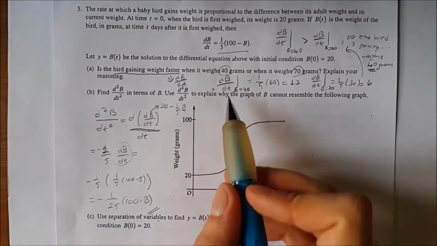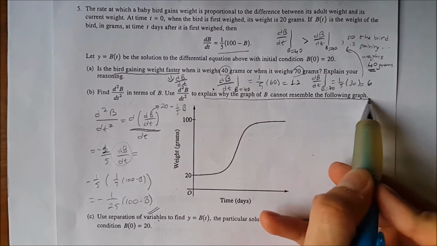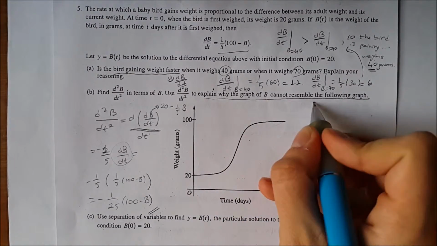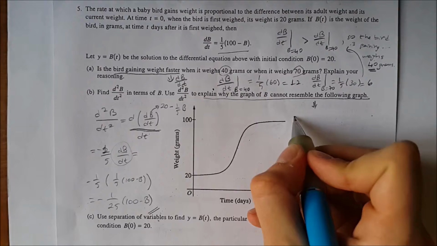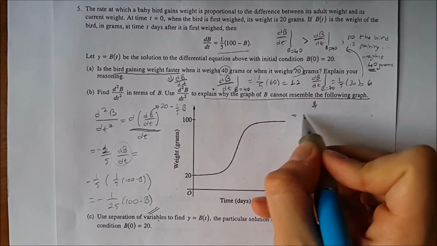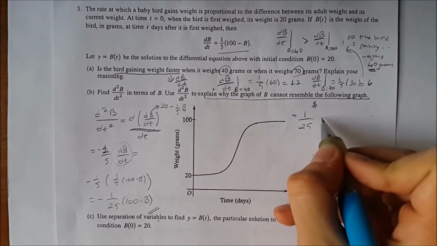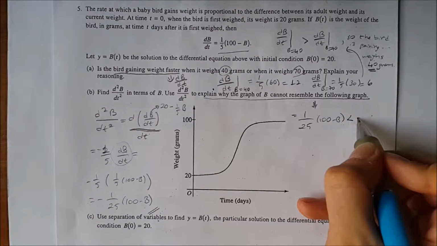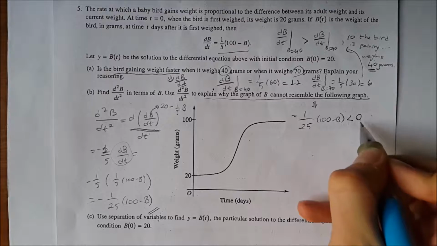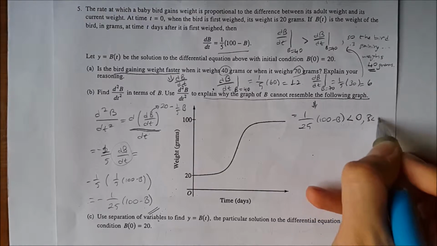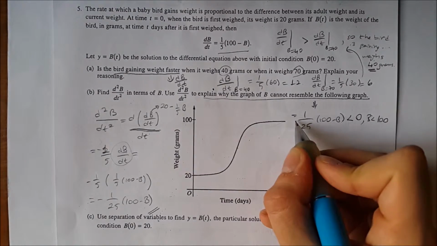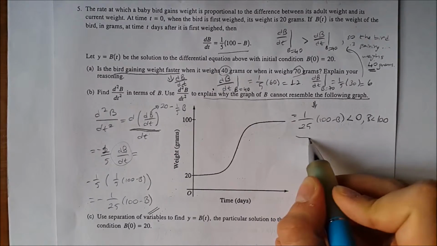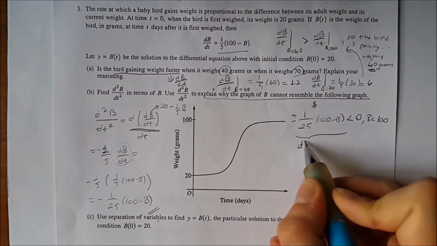Now the second part of the question asks us to explain why the graph of b cannot resemble the following graph. When we talk about the second derivative, we are talking about the inflection points, the change of sign of the second derivative. If we write this down, we can see that it will always be negative when b is smaller than 100.